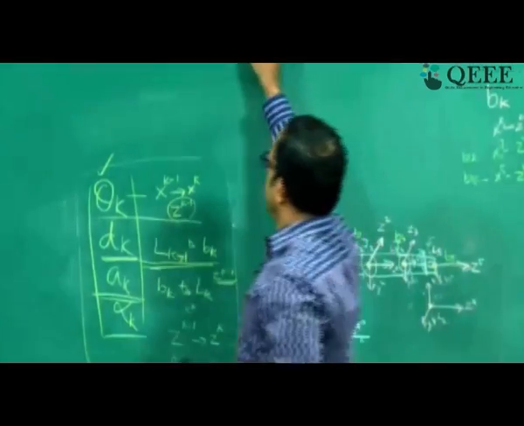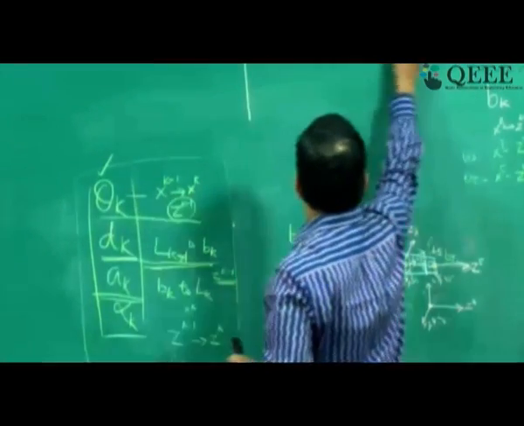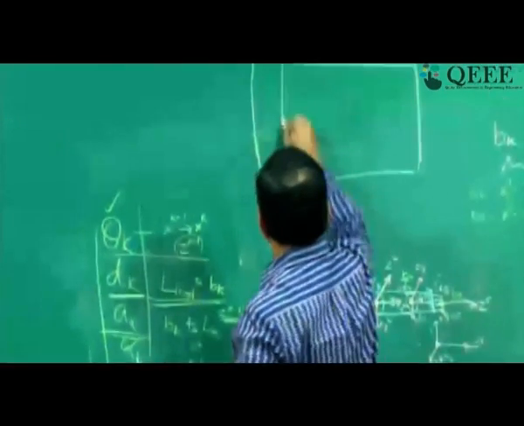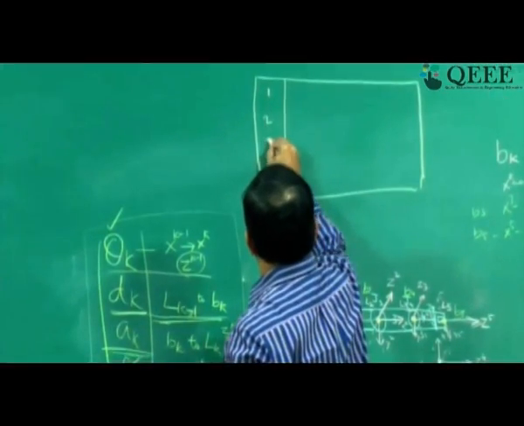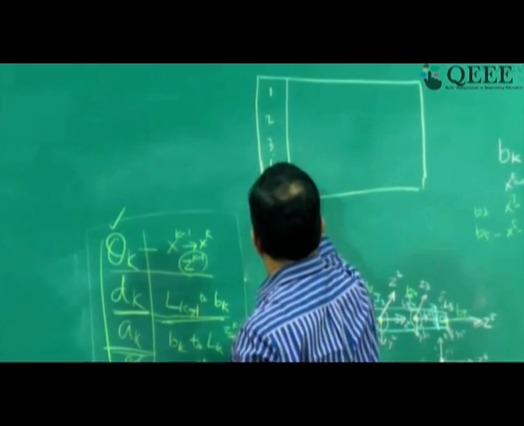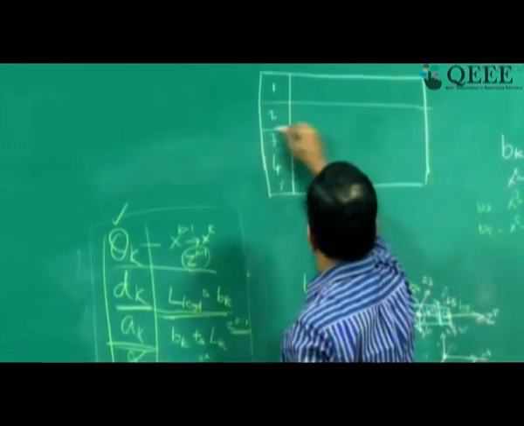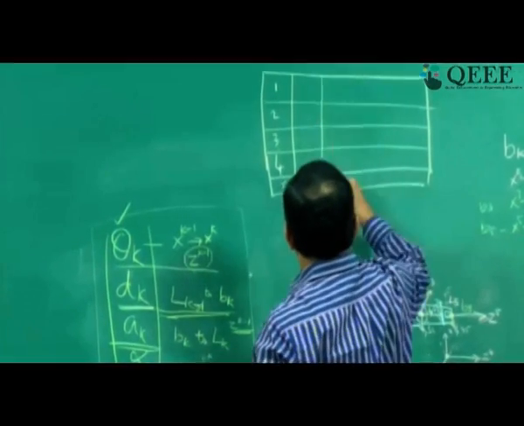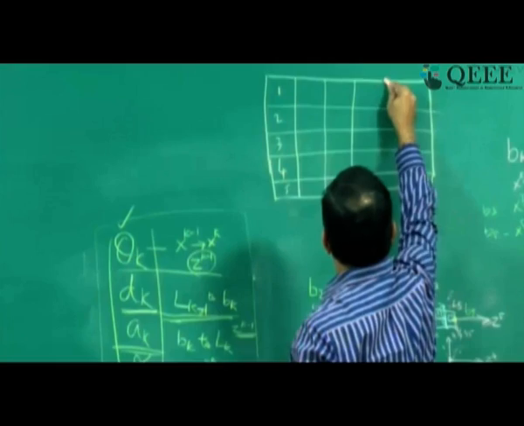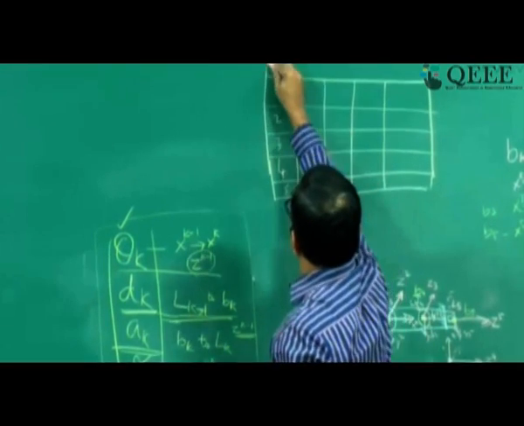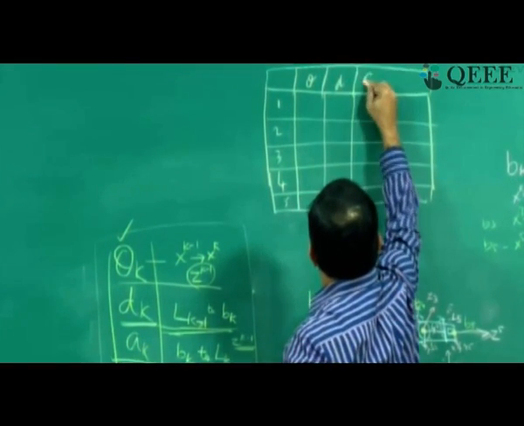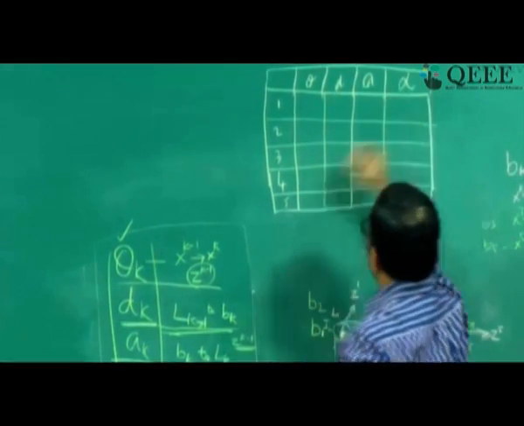What we do is make a chart, with joints 1, 2, 3, 4 and 5, and we need to identify theta, d, a and alpha for each one.